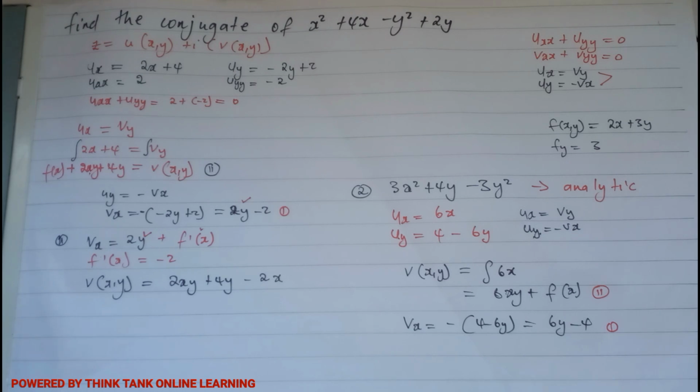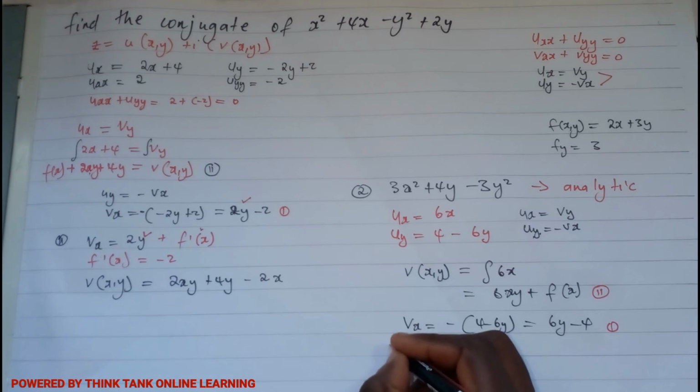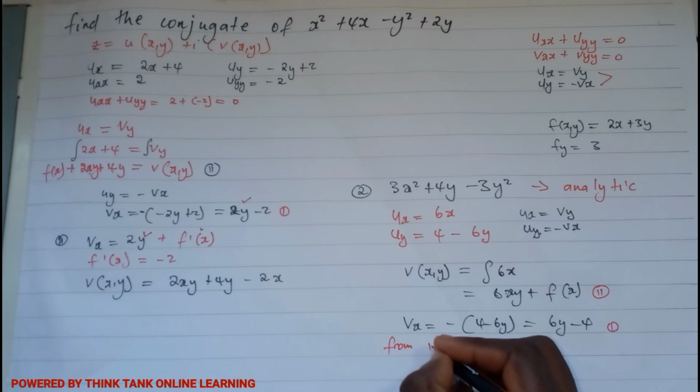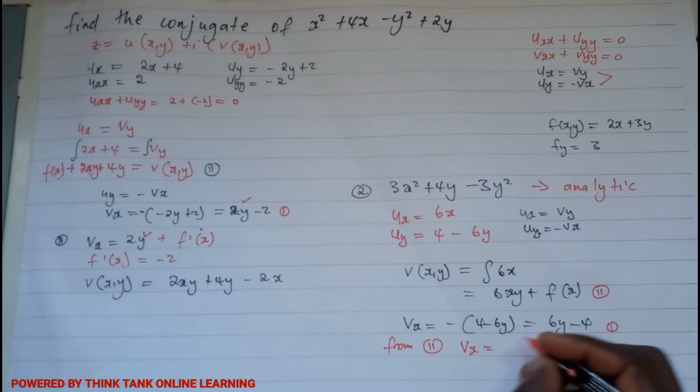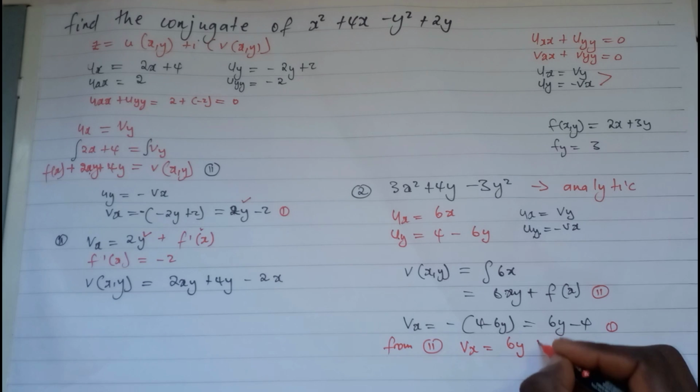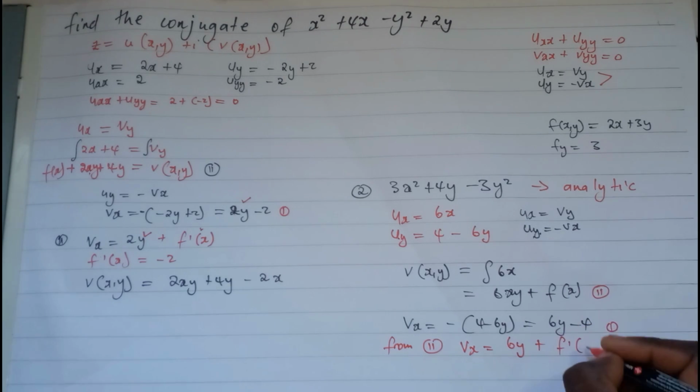From equation number 2 here, we know that vx is equal to 6y plus f prime of x.